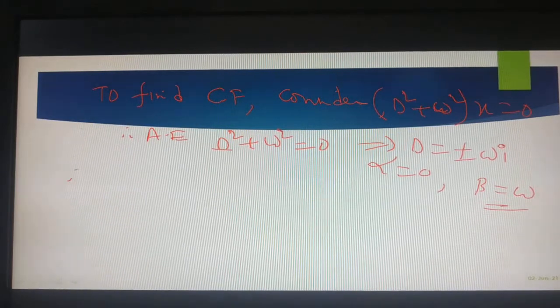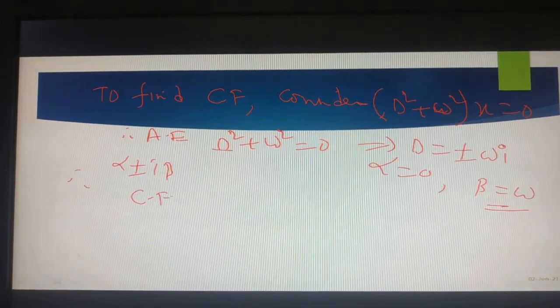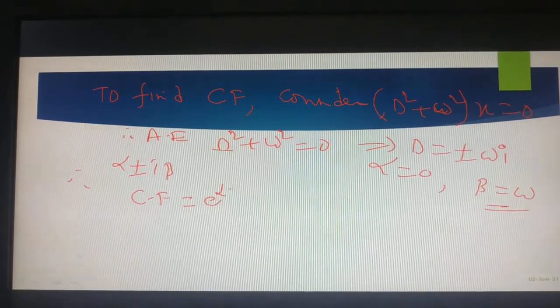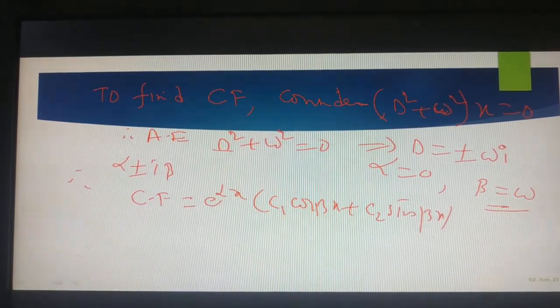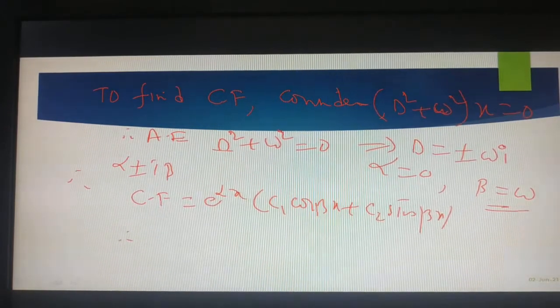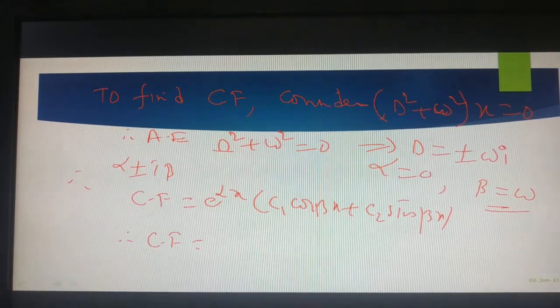Okay. So while writing your complementary function for the alpha plus or minus i beta form, what is your complementary function? E power alpha x, c1 cos beta x plus c2 sin beta x. So you just use those things. Of course we are solving x in terms of t.